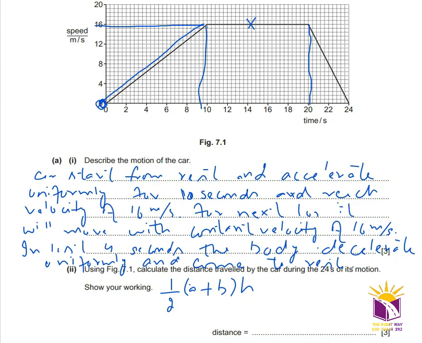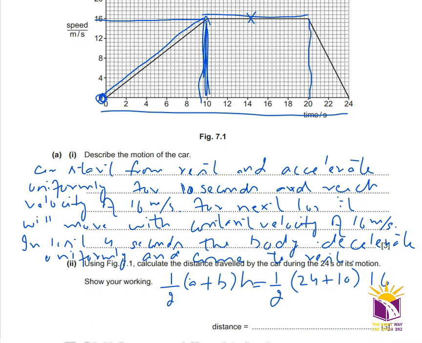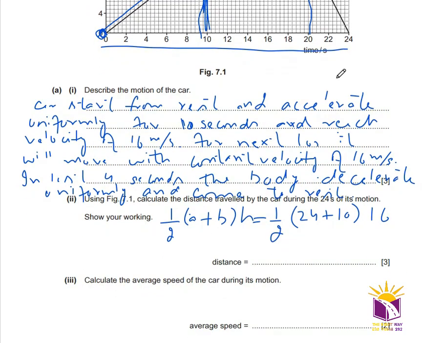So 1/2 (a plus b), a is 24 plus b is 10, multiplied by height, which is 16. Height is 16. So it will be equal to 272 meters.